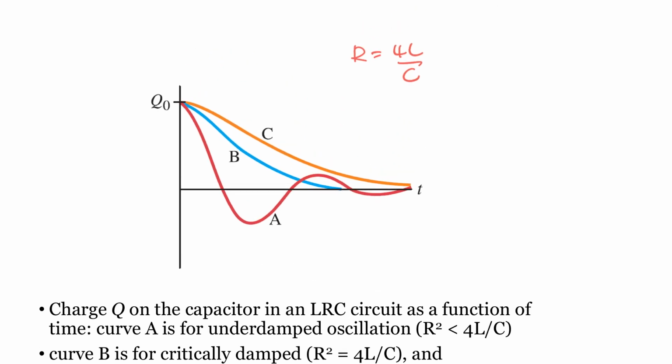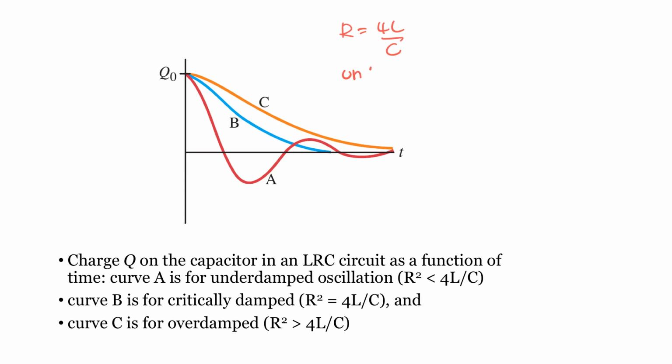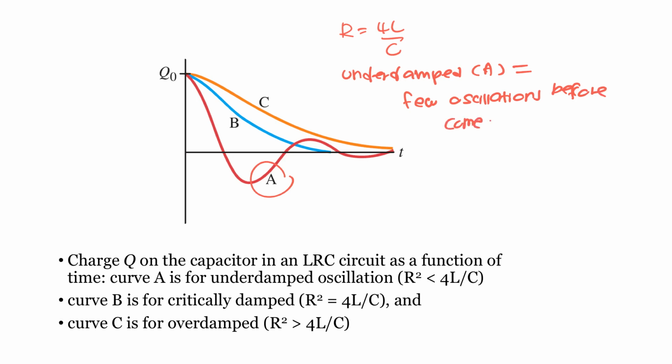When it comes to underdamped, it means there are going to be a few oscillations before coming to rest. Which means that the value of R squared should be less than 4L over C.